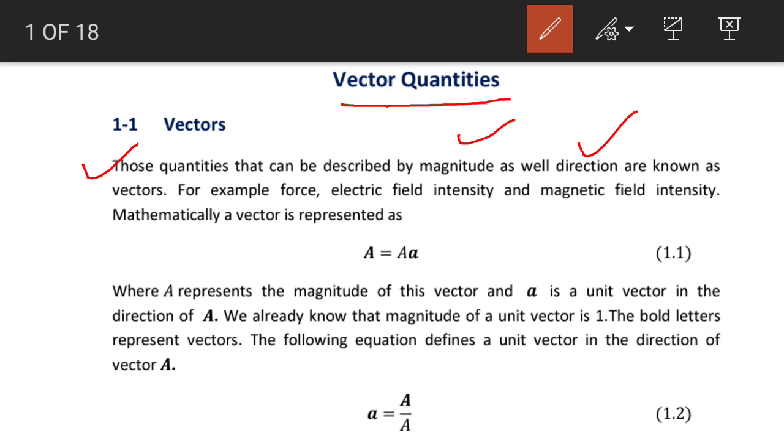Mathematically, we represent a vector quantity with the help of equation number 1.1.